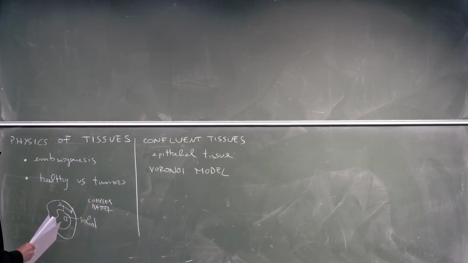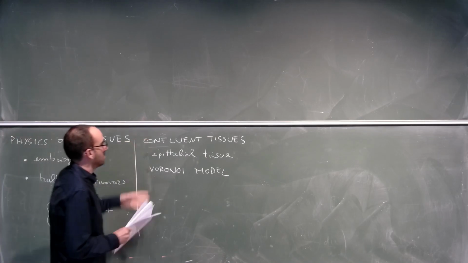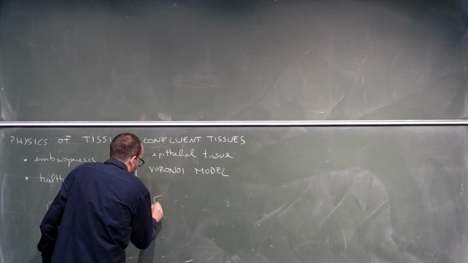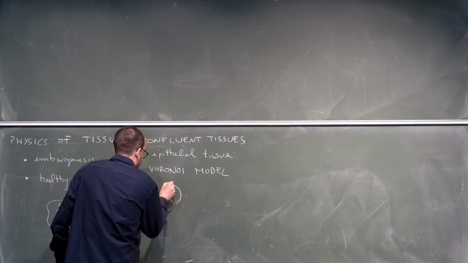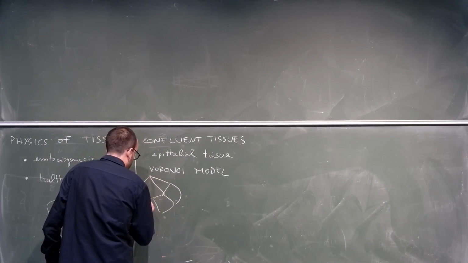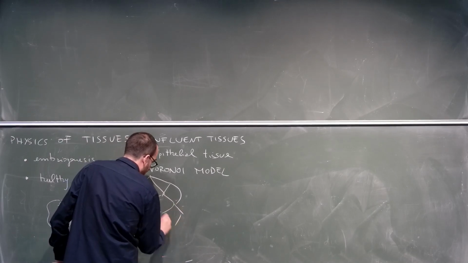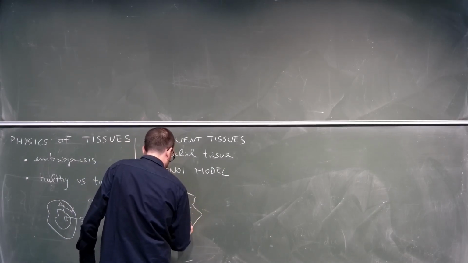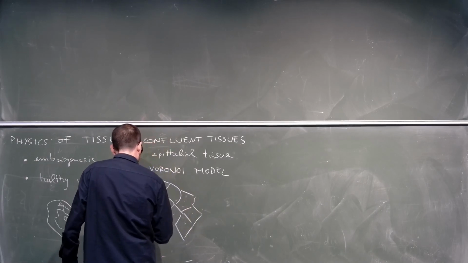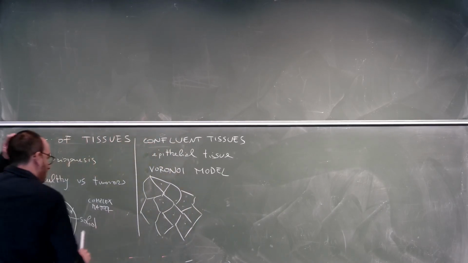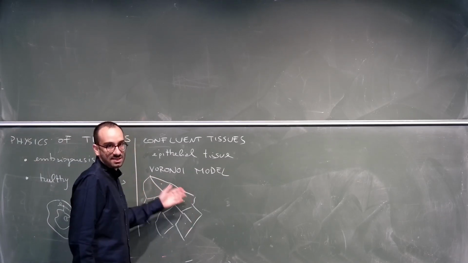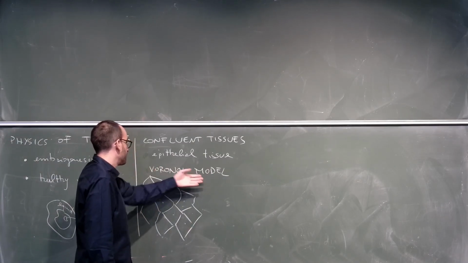Okay, so what is this model? What we want to model is some kind of system in which you have cells that tessellate the space. So you would like to have some kind of construction that gives you a tessellation, and the simplest construction is the Voronoi construction.